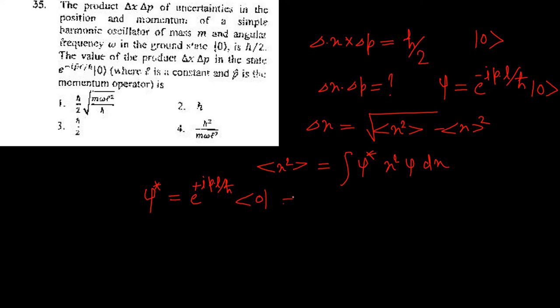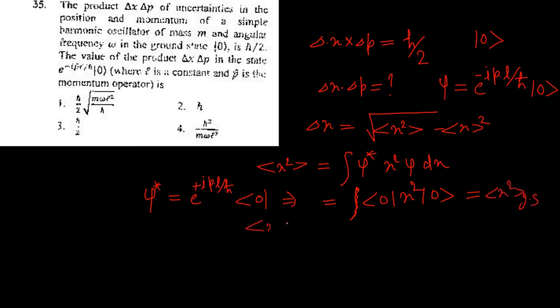Okay, so from here, for x square, in psi star, the e to the power i p dot L by h cross and e to the power minus i p dot L by h cross will become 1. We are not writing it in terms of integration, we are writing it in terms of this bra-ket notation. So this will become x square, the expectation value of x square in the ground state.